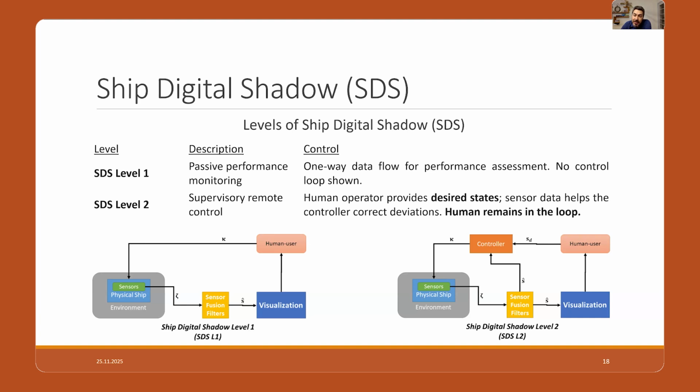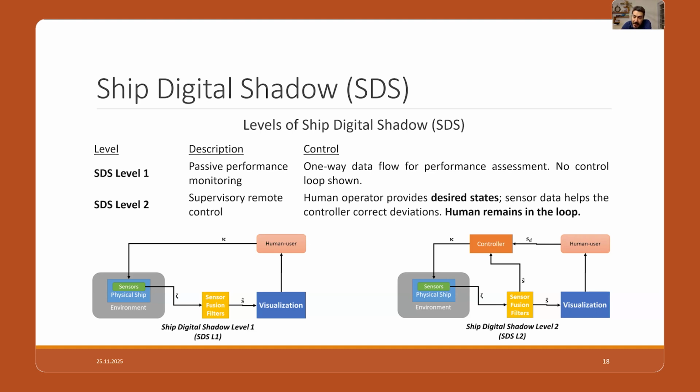So yes, this is a digital shadow, but there's also a controller loop inside here. The controller uses this information to correct any deviation from the desired course. The process data is also shown, you see the arrow here, to the human operator who can take further action if necessary.